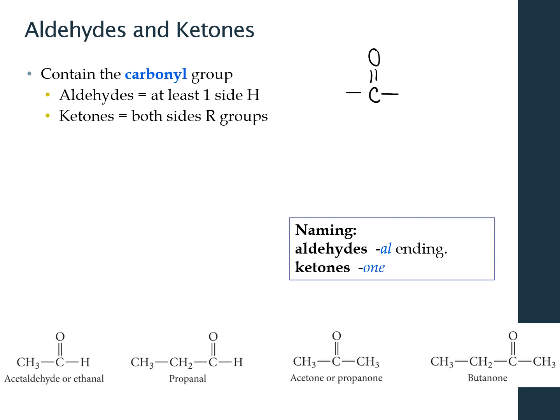It's a carbon, double bond, oxygen. So you can actually see that you have a carbonyl in all of my structures right here. I have a carbonyl here, here, here, and here.